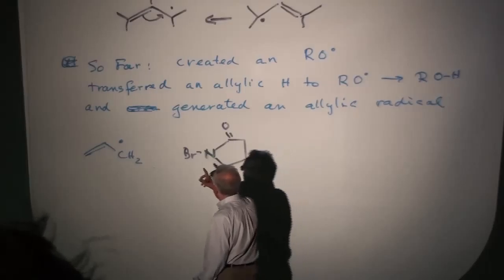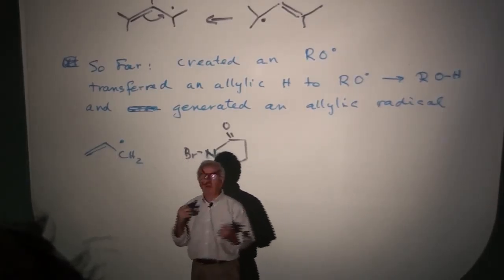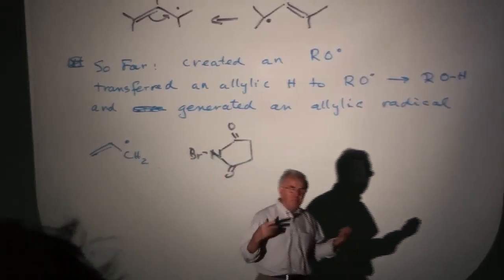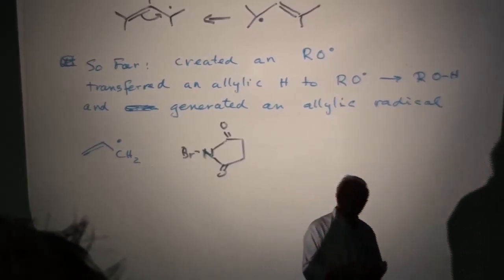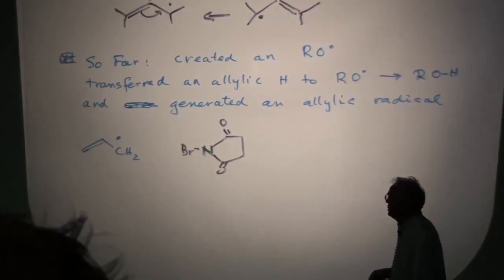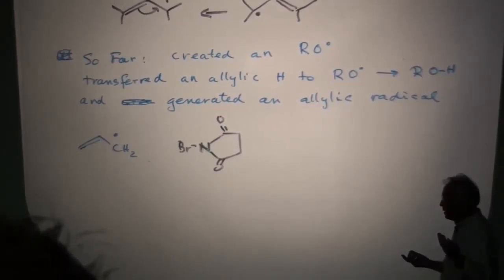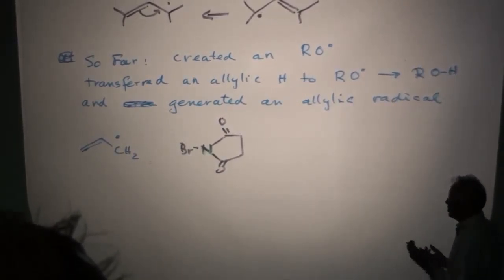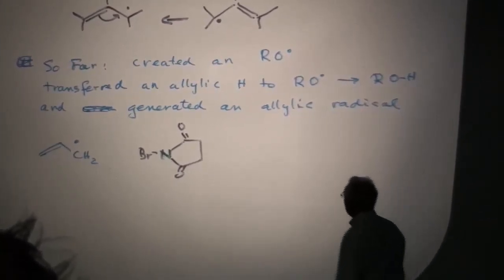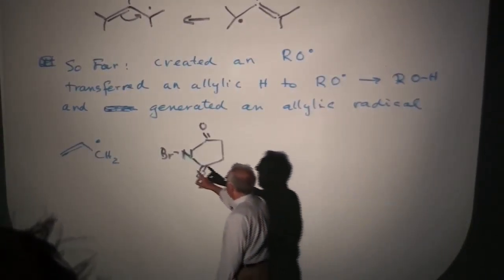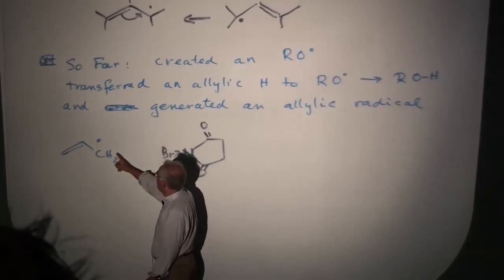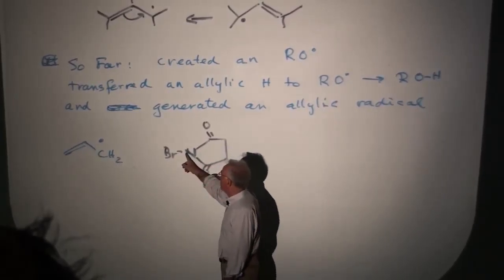And now we're going to transfer the bromine. Now we're going to make a carbon-bromine bond. Pretty decent bond. It's not nearly as weak as the oxygen-oxygen bonds or the nitrogen-bromine bond. So if we transfer just bromine to here, we will get a nitrogen radical.